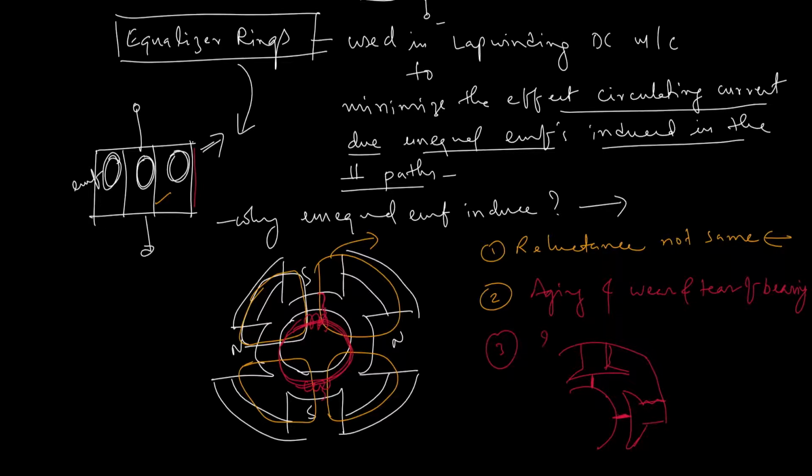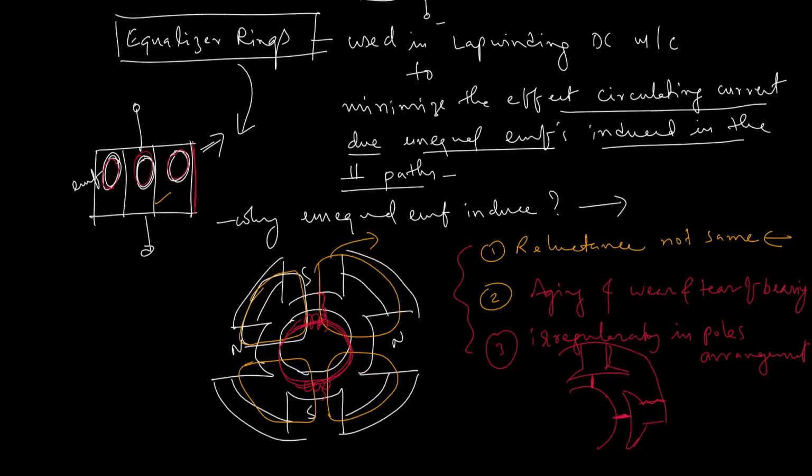So irregularity in pole arrangement. These are the basic causes of unequal EMFs induced in the paths, and these unequal induced EMFs will cause circulating currents in the loops, the parallel paths.